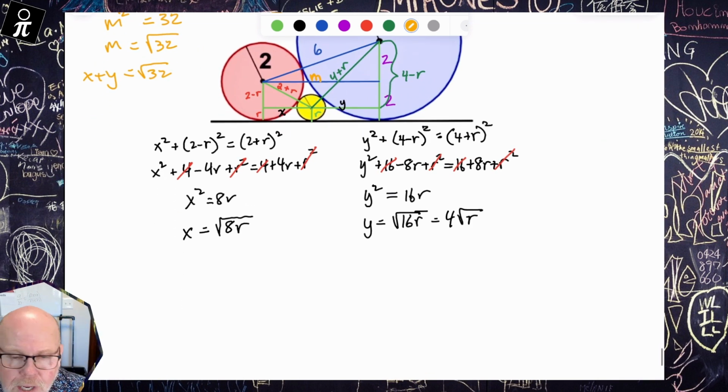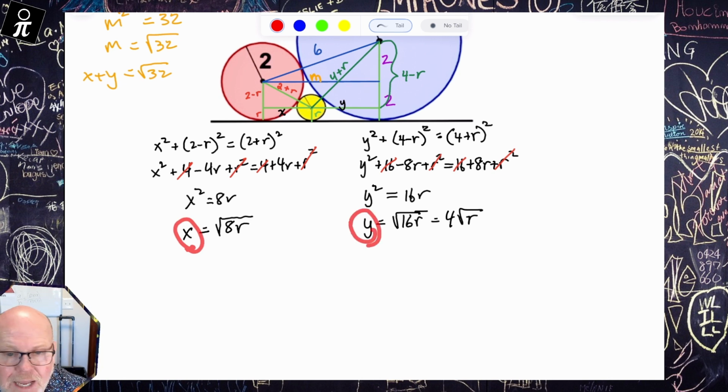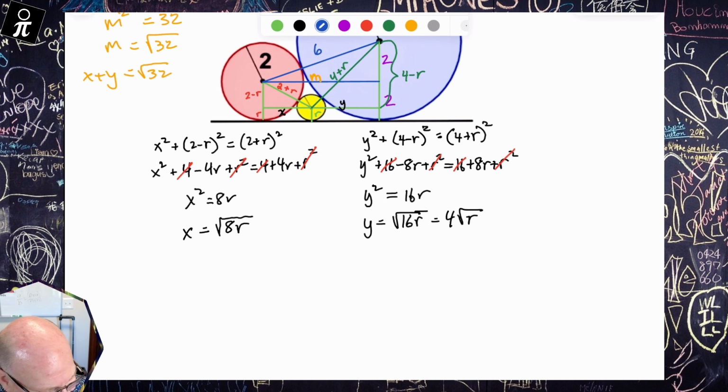So x plus y is equal to the square root of 32. Well, now there we go. So we're going to get rid of the x, get rid of the y, and replace it with the square root of 32. Oh, this is so cool. Okay, it's working.